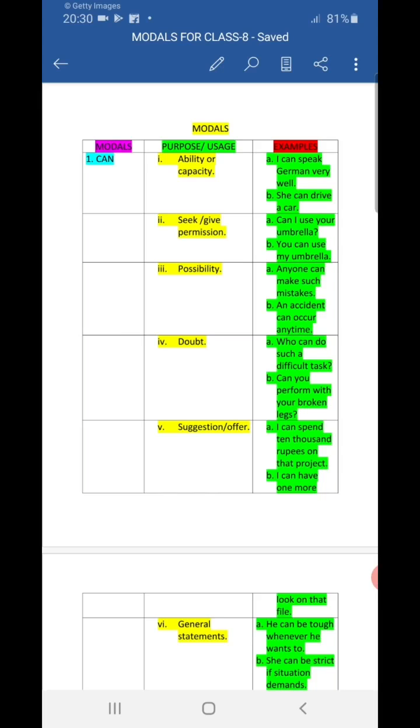Someone is expressing his or her confusion, doubt about a difficult task and who can perform that. Specifically, who can perform a particular difficult task.